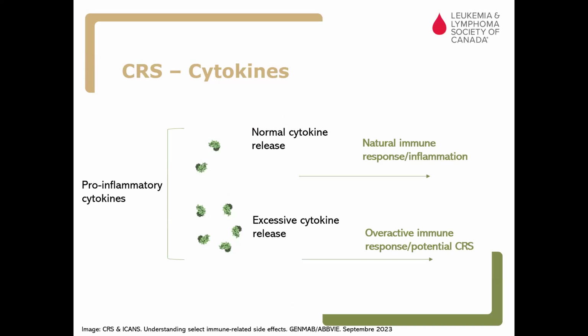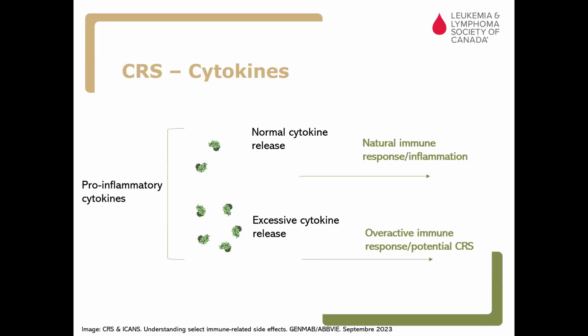So here's a slide that just outlines the comparison of normal cytokine release with CRS, or excessive cytokine release. You can see that normal cytokine release does result in a natural immune response and inflammation, while the excessive release of cytokines, such as CRS, leads to an overactive immune response.